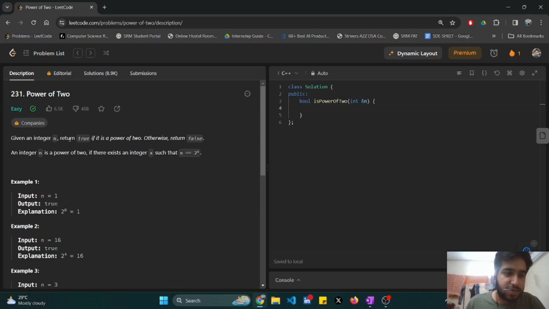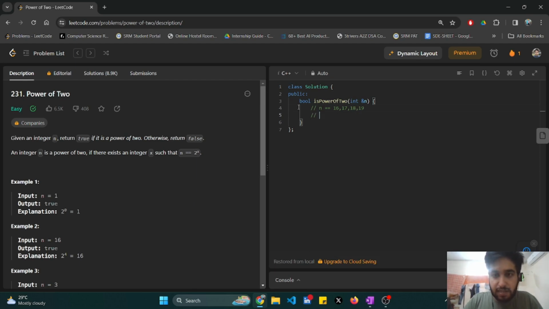You are given an integer n, and you return true if it is a power of 2, otherwise return false. Basically, the n that you are given can be 16, 17, 18, 19, or any number. What does it mean by power of 2?